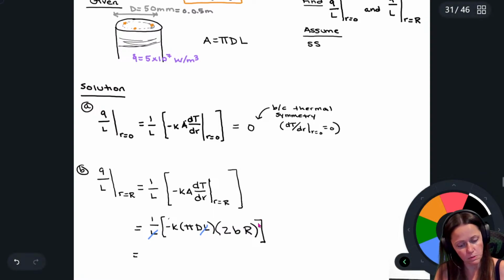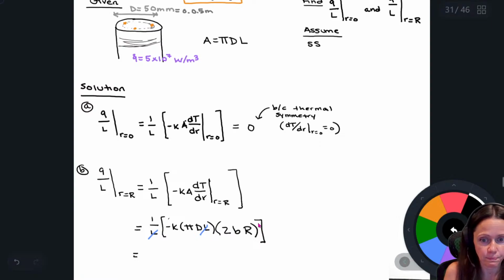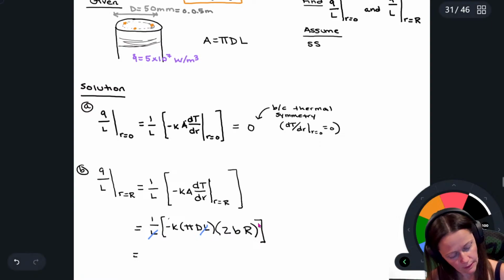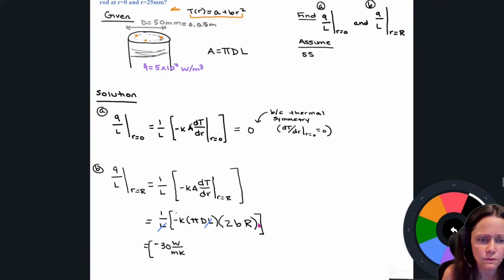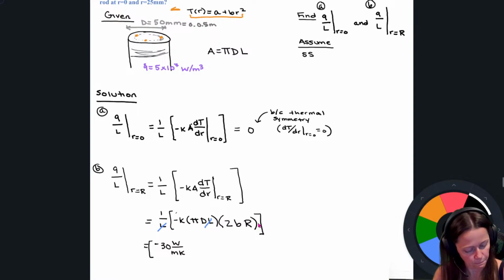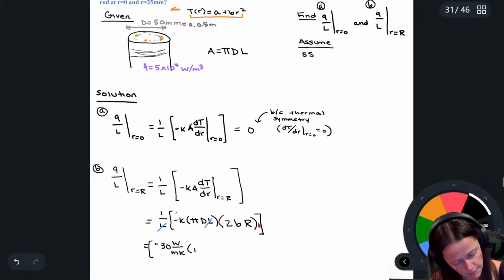So yeah, let's plug some stuff in. What was the k value? k was 30. So I have negative 30 watts per meter Kelvin. Oops, and you know what I just noticed? There's going to be a negative because that b's got a negative in there. Times pi times d.